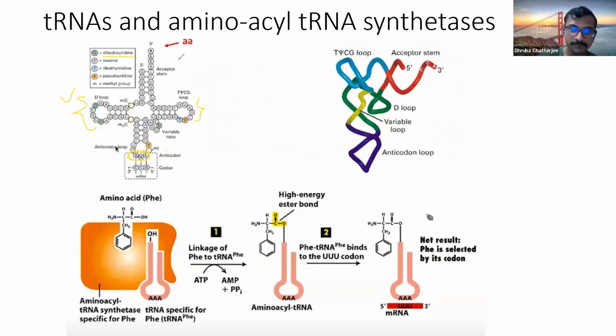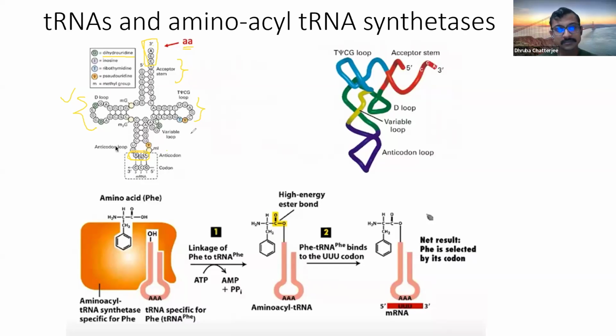And most importantly, the acceptor stem, which has a 3' CCA. The amino acid residue to be loaded on the tRNA is always loaded on this 3' CCA nucleotide sequence.